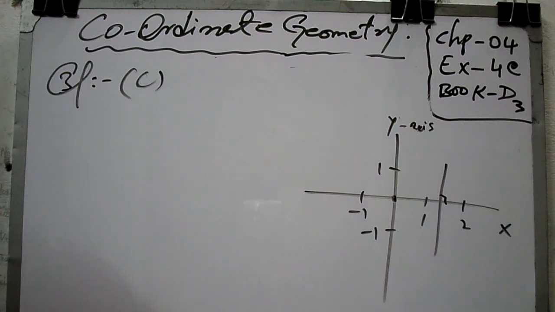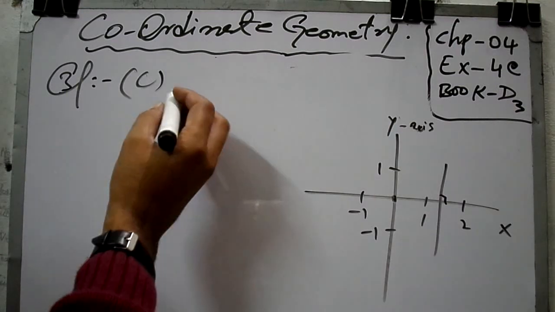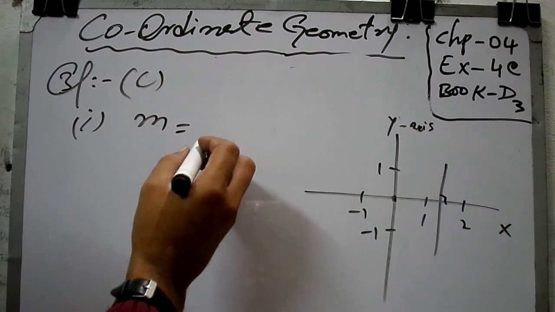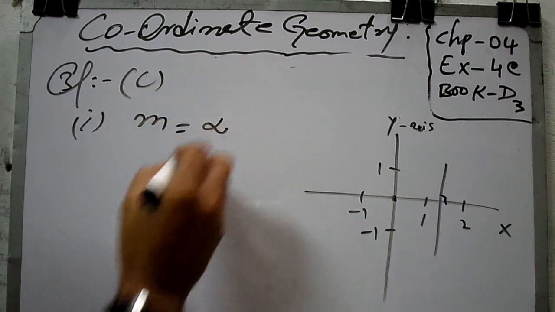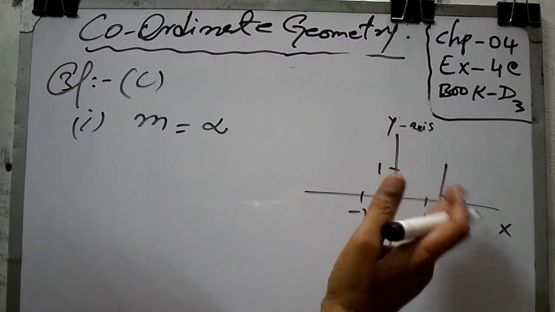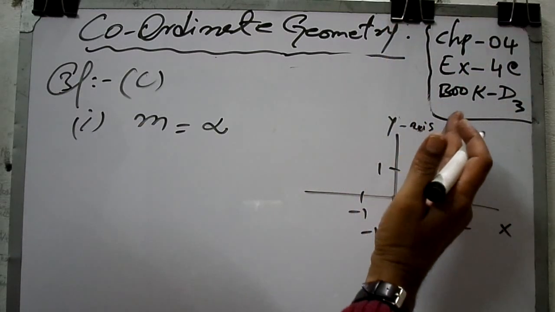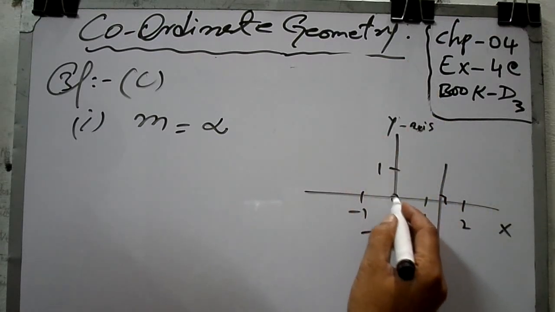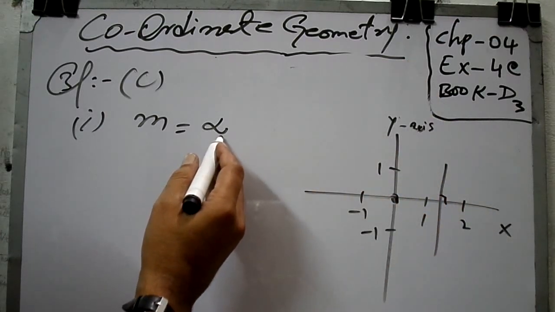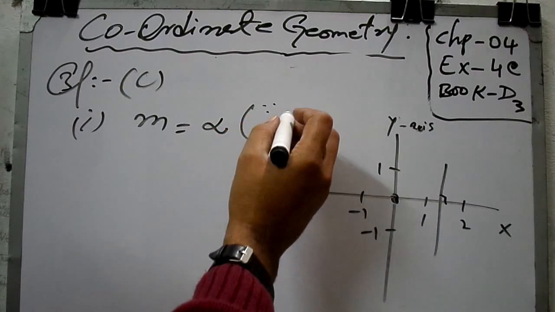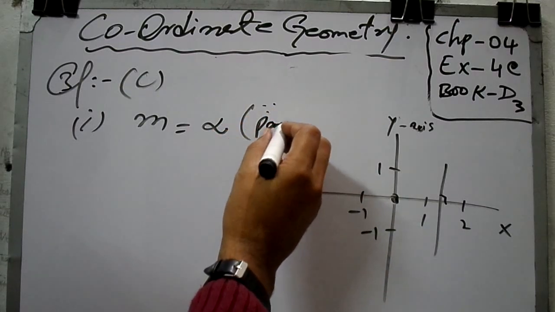So what is the slope of this line? In the first part, the slope is infinity, because the line is parallel to the y-axis. If the line is parallel to the x-axis, the slope is 0, but if the line is parallel to the y-axis, the slope is infinity.